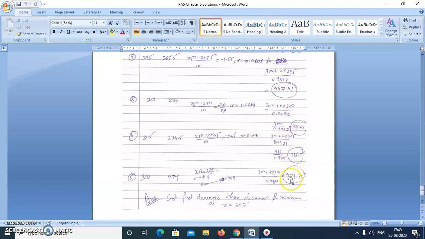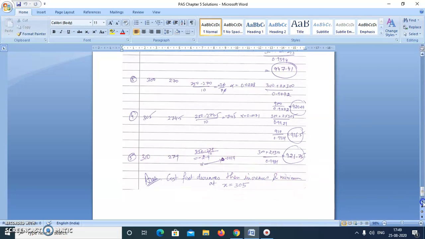After that, cost has started increasing due to increase in the yarn cost. So the answer is at x is equal to 305, we get the minimum cost. Okay, thank you for today. We'll continue in the next class.